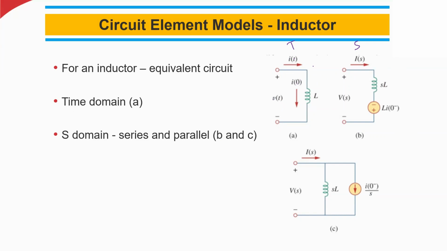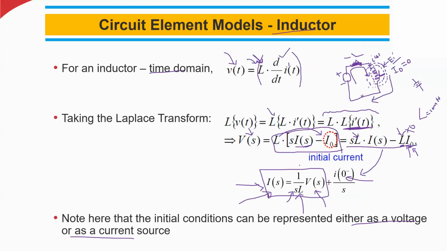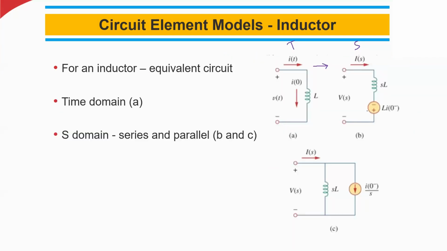Now I have to draw the same inductor circuit in the frequency domain. Everything is the same, and remember here we have the SL term, so I multiply the inductor value by S. Then I have the plus and minus, the polarity is opposite, and this is the initial current in the inductor, L times I of 0 minus.